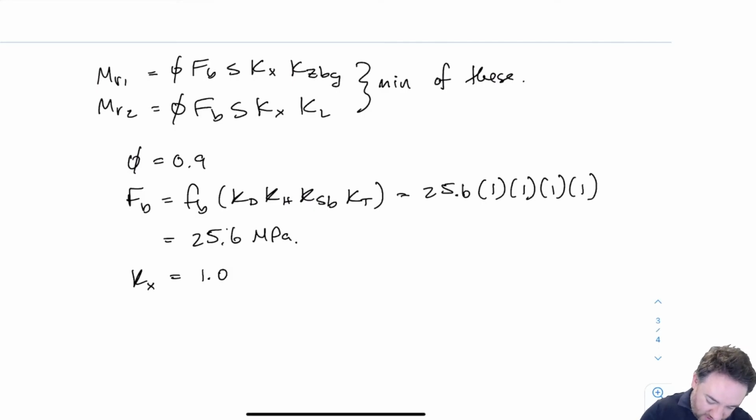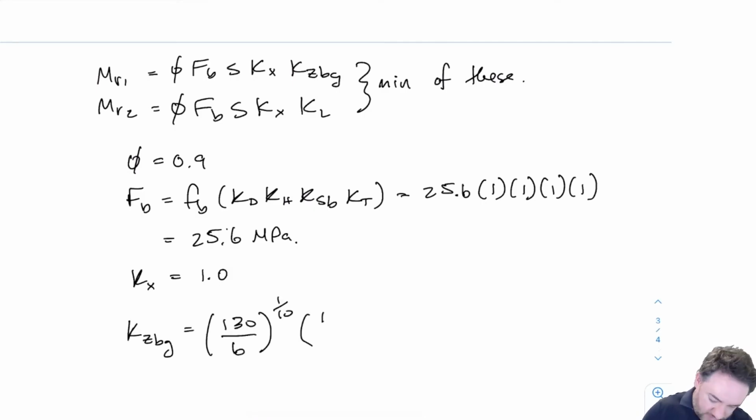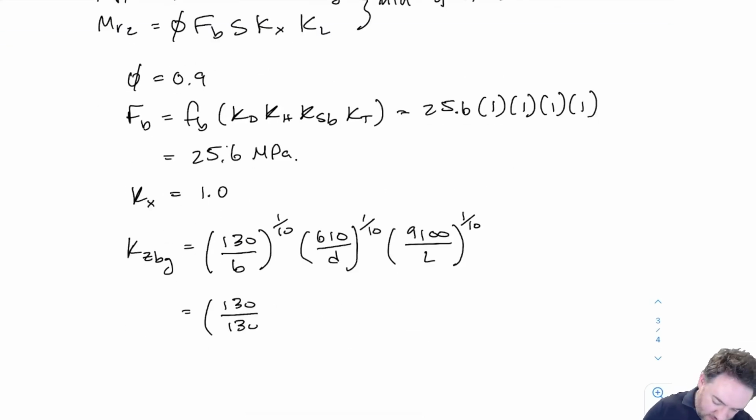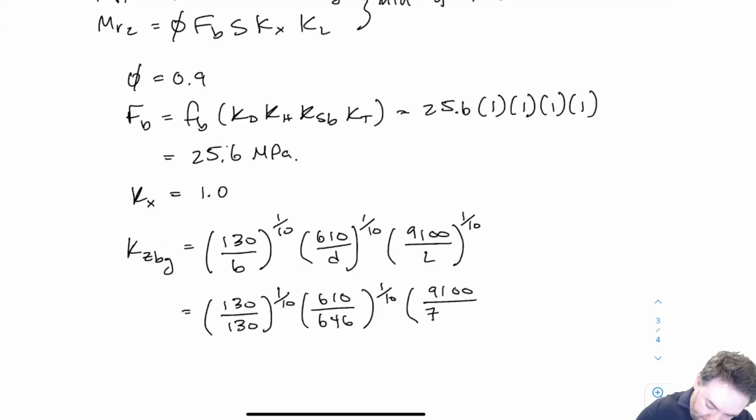I'm going to write it out here. Remembering that all of these inputs have to be in millimeters, the b, the d, and the L. And the interesting thing here is that you can see that our KZbg, in this case, we're pretty close to the baseline beam size that they used in developing KZbg, which was a 130 by 610 by 9100.